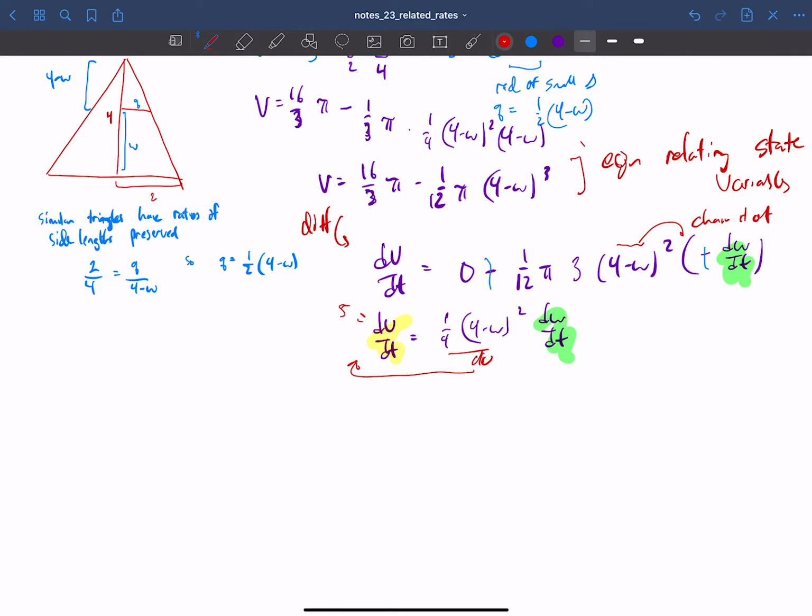So I'll have 5 over a quarter of 4 minus w squared equals dw dt. And I just like to merge those together.